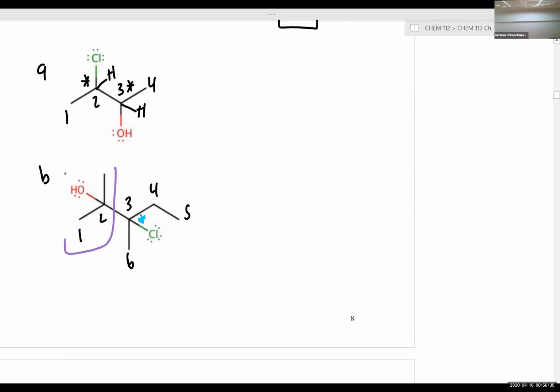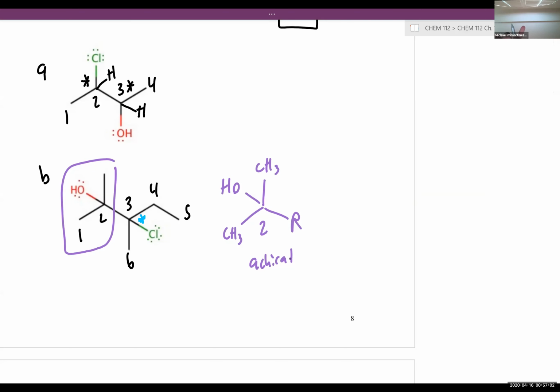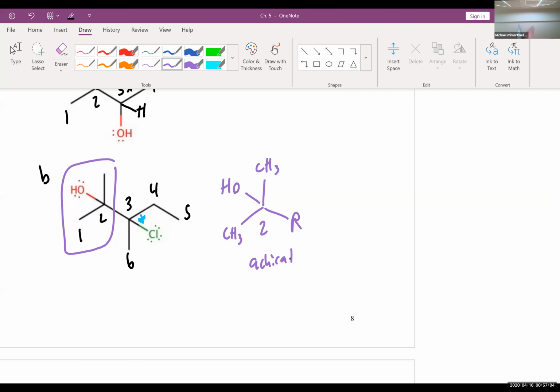So if we look at center 2, we have a methyl, an alcohol, and an R group, okay? Does carbon number 2 have 4 different substituents? Does carbon number 2 have 4 different things on it? Nope, it has 2 methyl groups, exactly right. So as a result, this center is achiral. It has an axis of symmetry that we can draw like so.